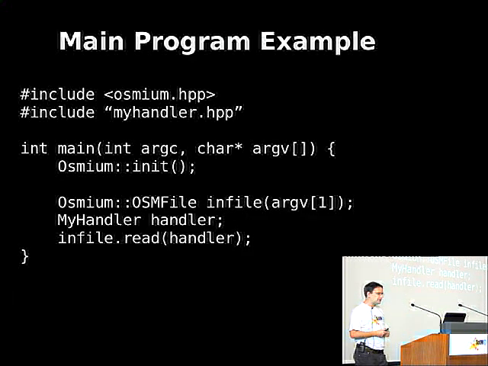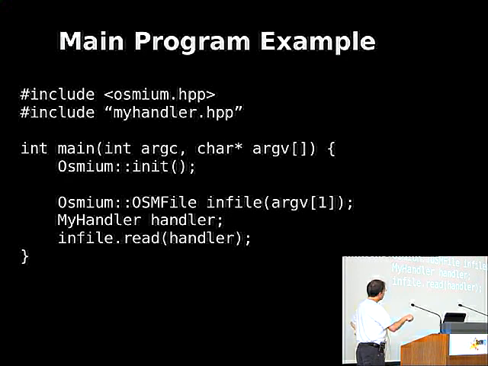And this is the main program that you need to run this handler, and this is actually everything. So with those two slides, if you put those in the C file and compile it with Osmium, that already does something. You include the Osmium library. You have to initialize it once at the beginning of your program, and if you give it a true parameter, you get debugging output.